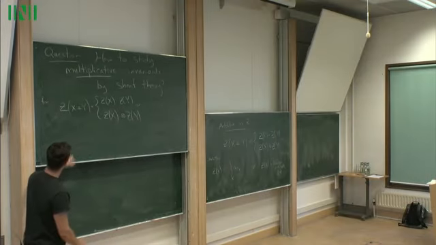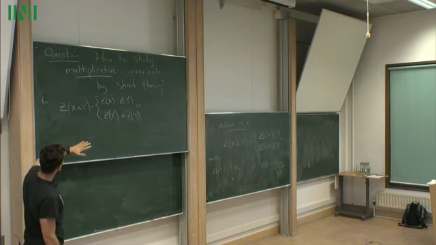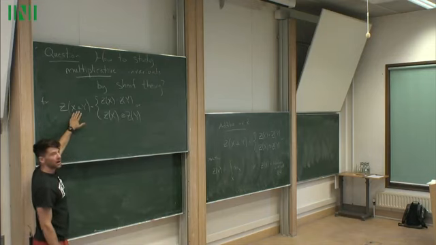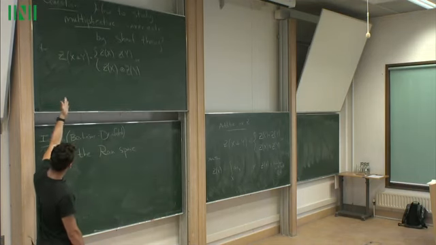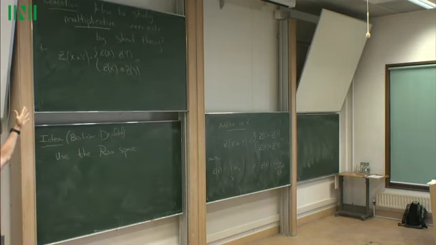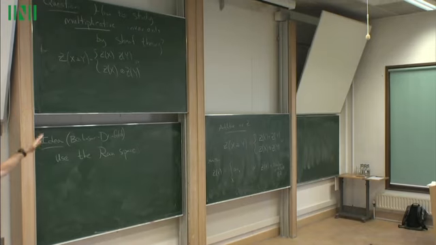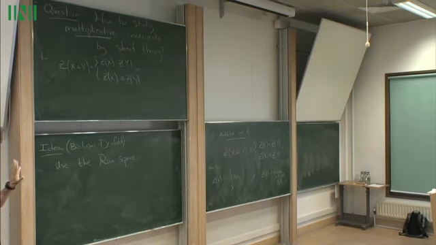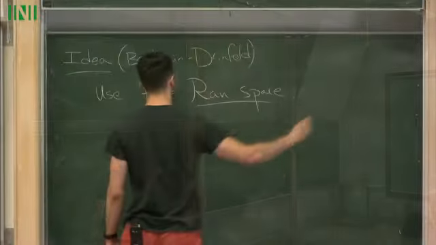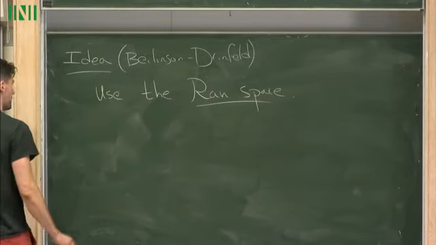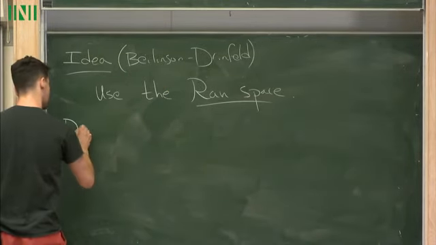So right away, if you want to use usual sheaf theory, you know that it can't take place on these spaces themselves. So an idea is, instead of considering sheaf theory on the space X or the space X disjoint union Y, instead construct some auxiliary space that has this multiplicativity built into it. That's what these Ran spaces are, and now I'll tell you what they are more precisely.